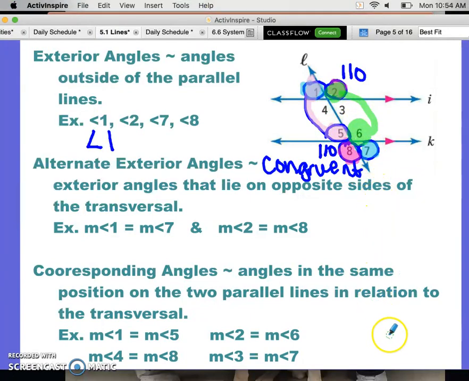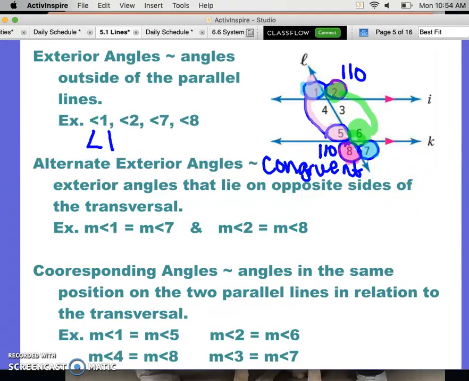So those are all pairs of corresponding angles. Corresponding angles are in the same position on the two parallel lines in relation to the transversal. Those ones are also, what do you think? Congruent. They're also equal. So if 2 is 110 degrees, 6 is also 110 degrees.